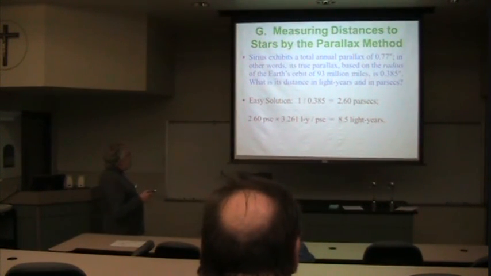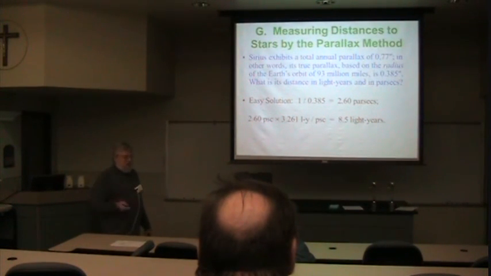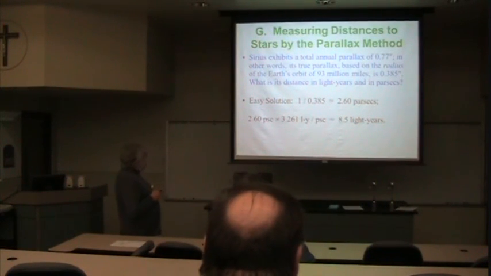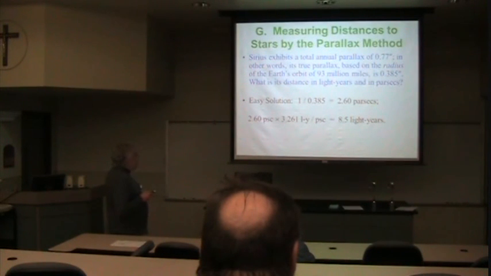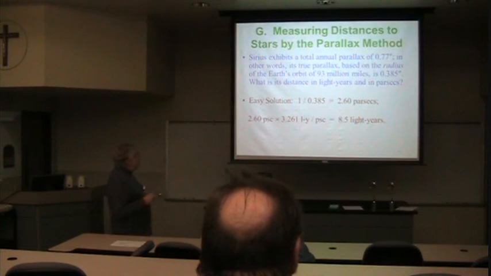Here's an example of calculating the distance to the star Sirius, the dog star, the brightest star in the sky, still visible out in the southwest. It has an annual parallax of 0.77 seconds, so we know it's farther away than 4 light years, right, because it's less than 1 second.